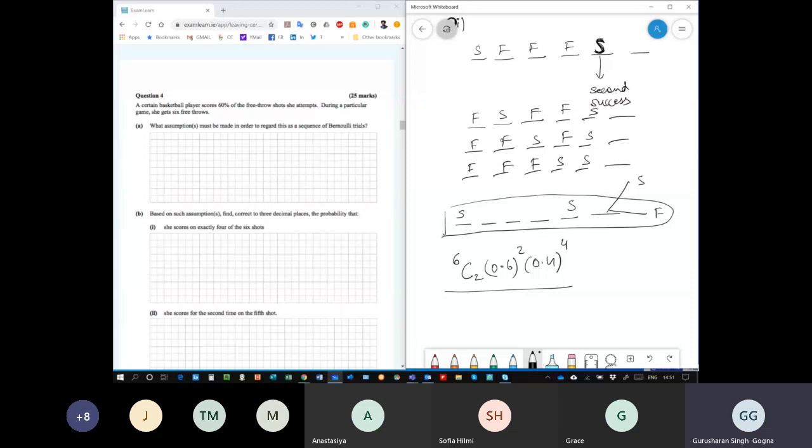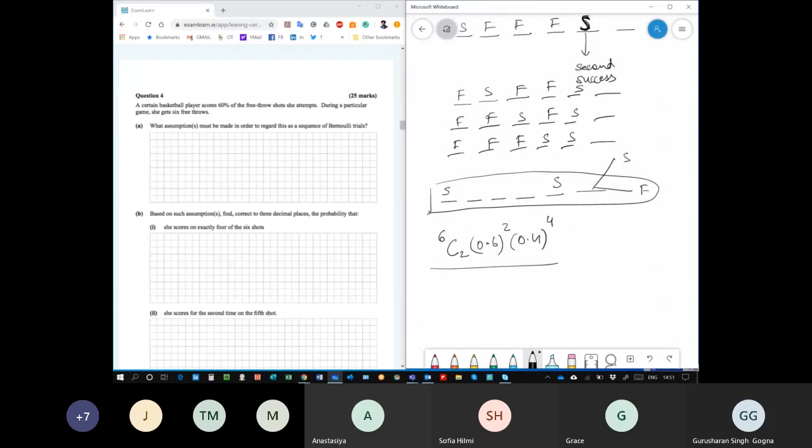But we want the second success on the 5th attempt. So how will you consider that? Any idea? If I write this probability like this, I'm just saying that she got 2 success.